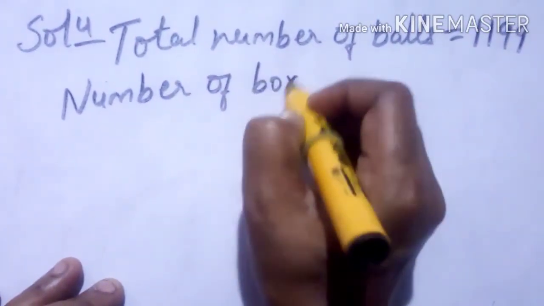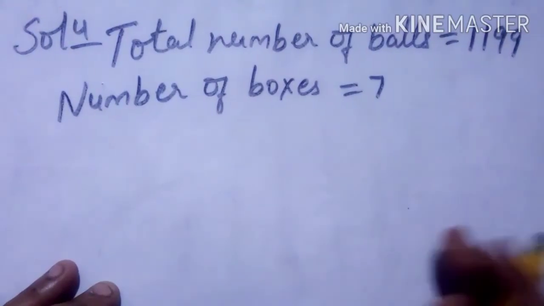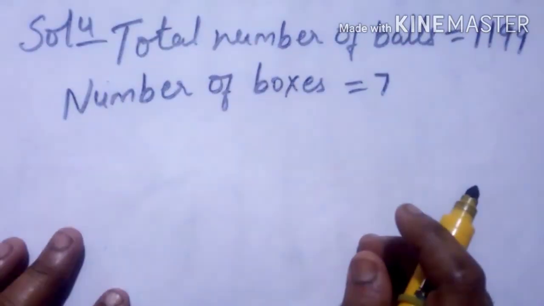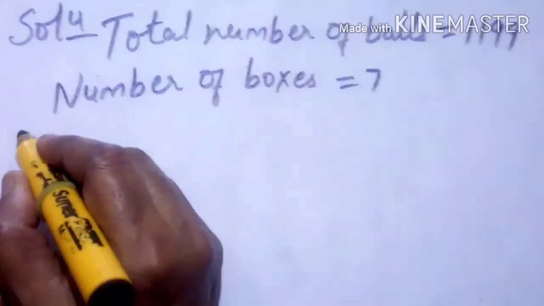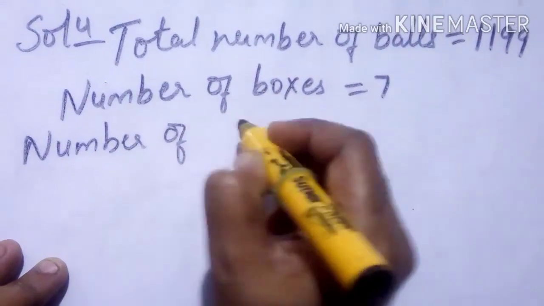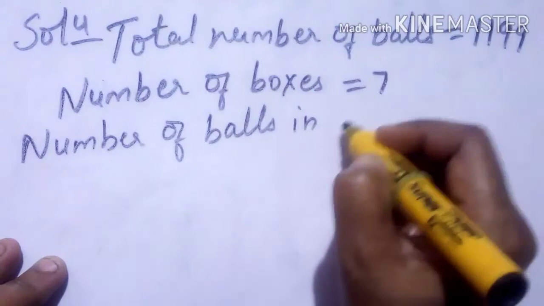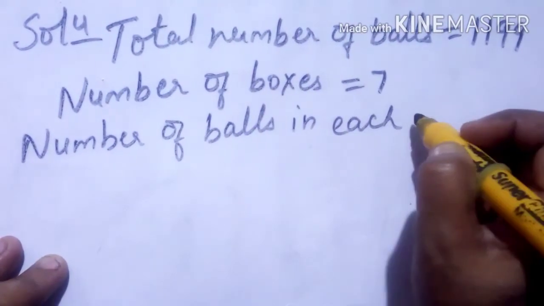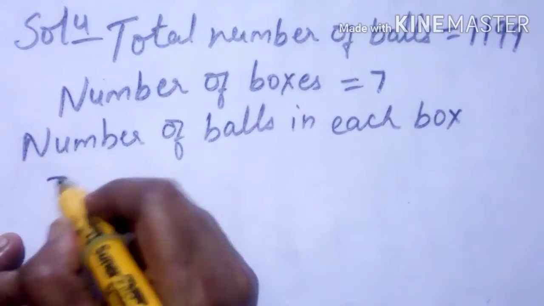Number of boxes is equal to 7. 7 boxes are there, isn't it? Now what you have to find out? You have to find out the number of balls in each box. How will you find it? You have to divide.